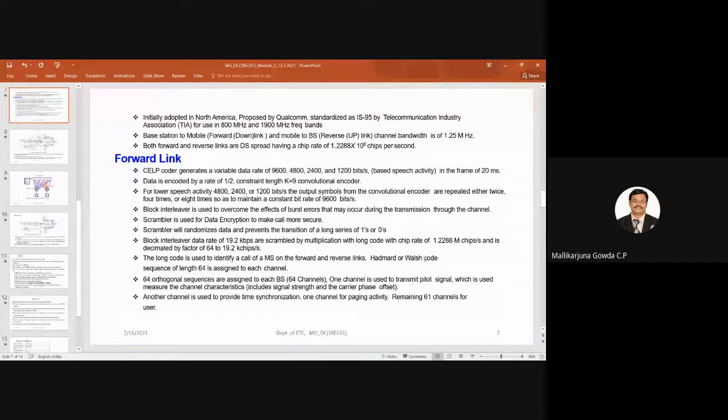This Hadamard or Walsh code, having a sequence of length 64, is assigned to each channel. The 64 orthogonal sequences are assigned to each base station. One channel is used to transmit the pilot signal, which is used to measure the channel characteristics and the carrier phase offset. Another channel provides time synchronization, and one channel is for paging activity. That is why I said 3 channels are used for other purposes. The remaining 61 are used by the users.